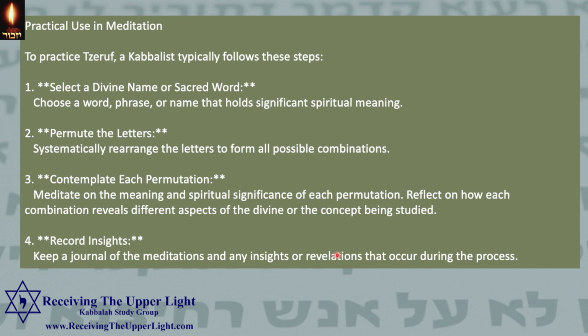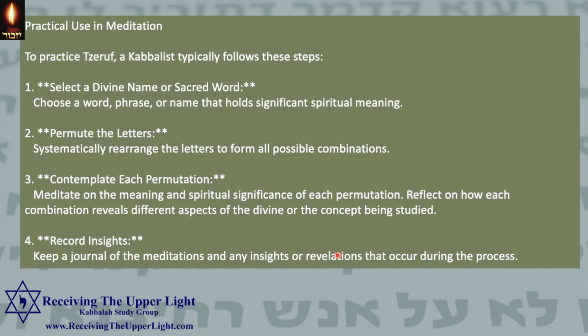Then you permutate the letters, systematically arranging the letters to form every possible combination. This is something that there's a whole book written about. The word Bereshit, Genesis chapter 1, verse 1, first word. You rearrange the letters in this word Bereshit, and you will find a whole bunch of different words that are revealed as we rearrange these letters, right?